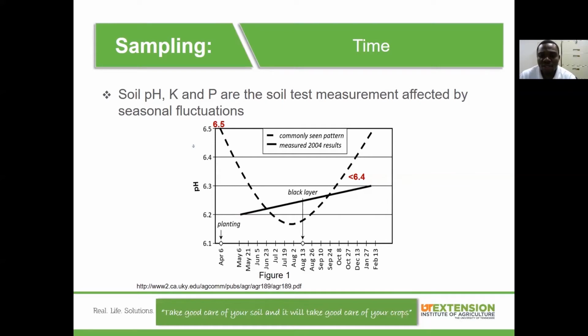Generally, your soil test numbers tend to be lower just after harvest compared to 6 weeks after, because residues break down and release K. Also, clay mineralogy could affect the potassium levels in the soil. Freezing and thawing are factors that can affect the availability of some soil test measurements.